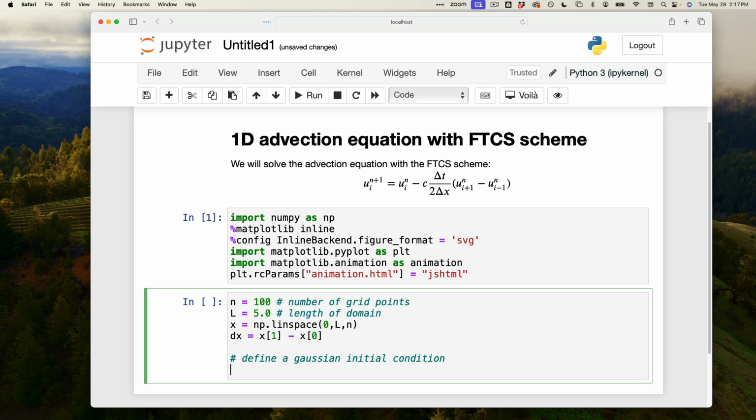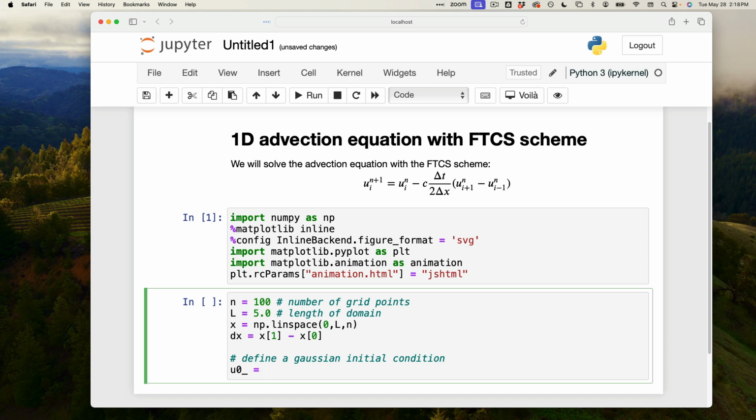So I will declare, do you know about lambdas in Python? Yeah? Okay. So we're going to take things up a notch. I'm going to define my initial condition as a Python routine that takes at least one argument, so that I call it as f of x.